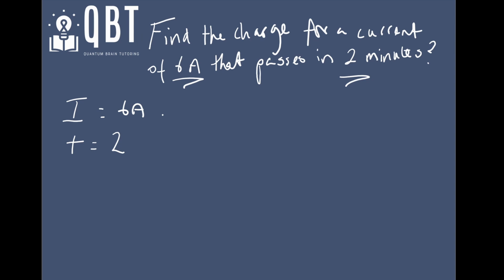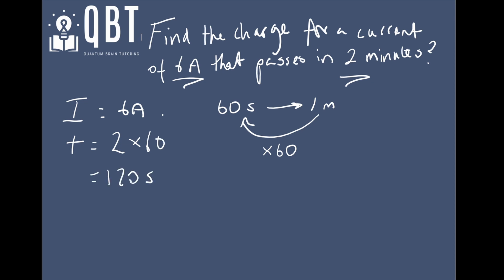We know that there are 60 seconds in 1 minute, so if we're going from minutes to seconds, we multiply by 60. So we multiply this by 60, and we get 120 seconds.